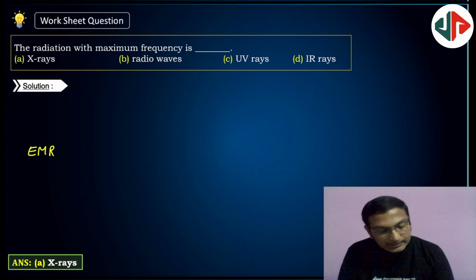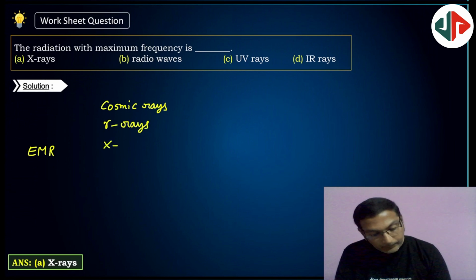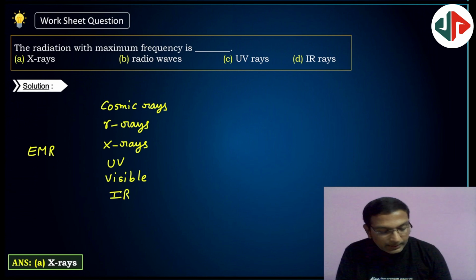Electromagnetic radiation contains cosmic rays, gamma rays, X-rays, UV, visible, IR, microwaves and radio waves.